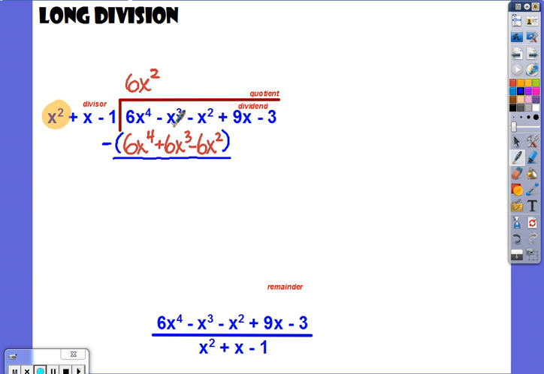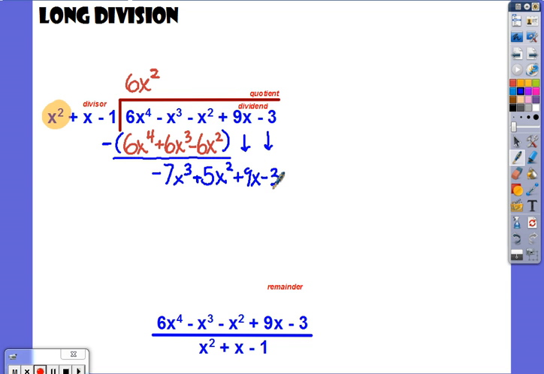So negative 1x to the 3rd minus 6x to the 3rd is negative 7x to the 3rd. And then we'll do another subtraction, negative 1 minus negative 6, and I think that's a positive 5x squared. And then you can go ahead and drop down whatever's left, the plus 9x and minus 3.